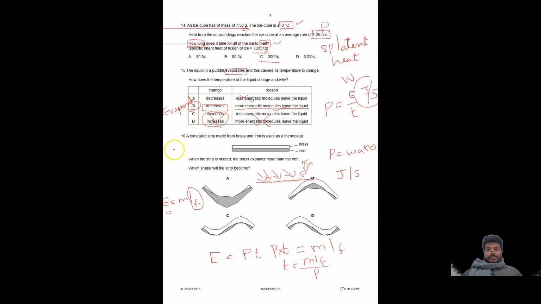Okay, and now question number 16. By looking at the picture, you would know this is thermal expansion. This also comes under heat and temperature, thermal physics. This question comes under the topic of thermal expansion. There is a bimetallic strip made from brass and iron, used as a thermostat.